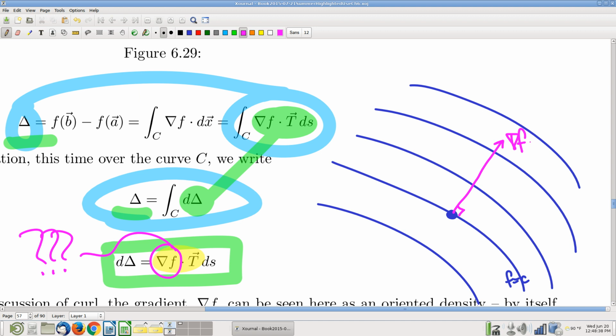If I'm at this point and going that way, there's significant change per unit distance. But if I'm going that way, I'm following a contour line.